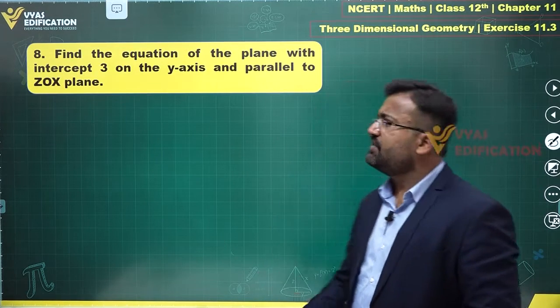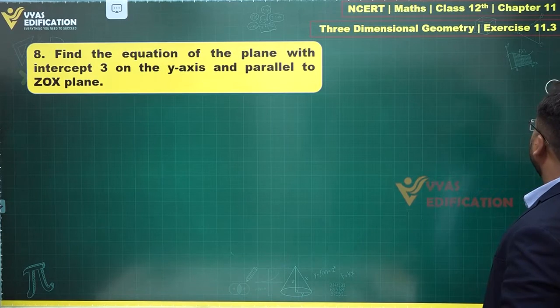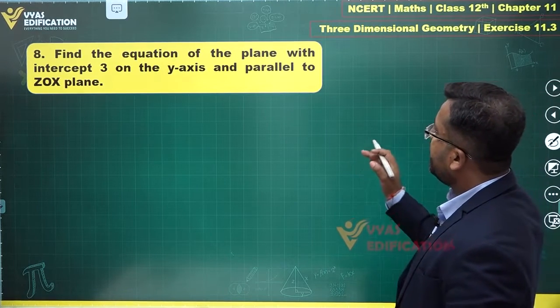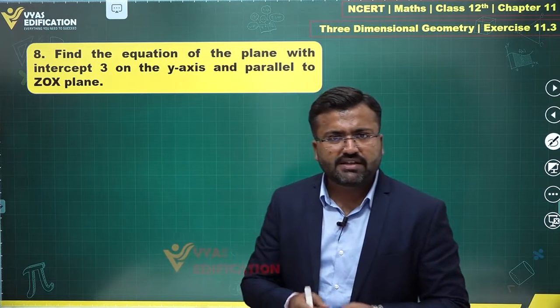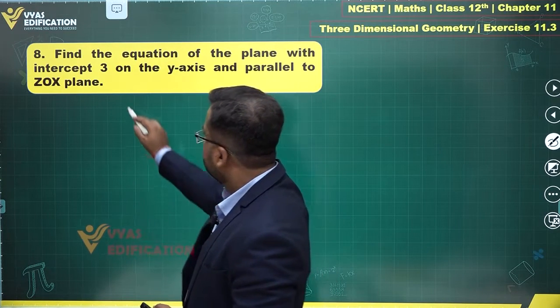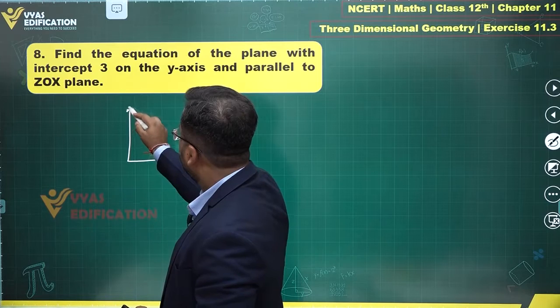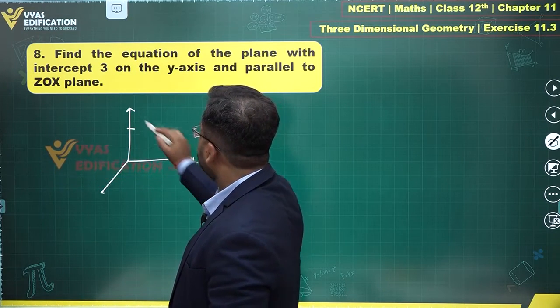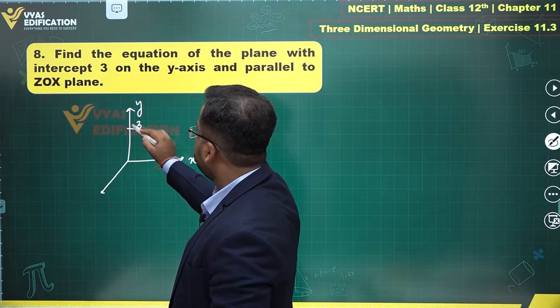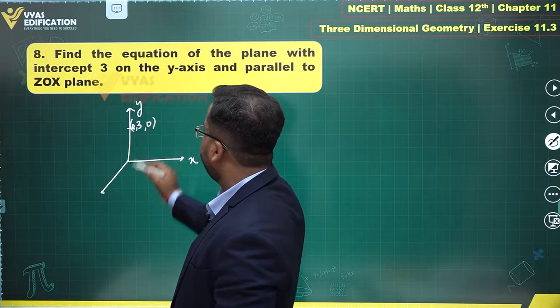Question number 8 says, find the equation of the plane with intercept 3 on the y-axis and parallel to the ZOX plane. Now parallel to the ZOX plane, what does this imply? The y-intercept is 3, for example, this is the x-axis, this is the y-axis, so this is 0, 3, 0.